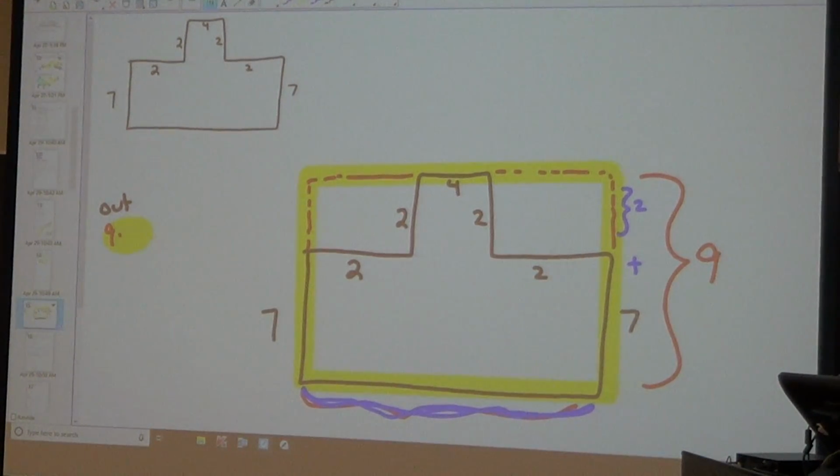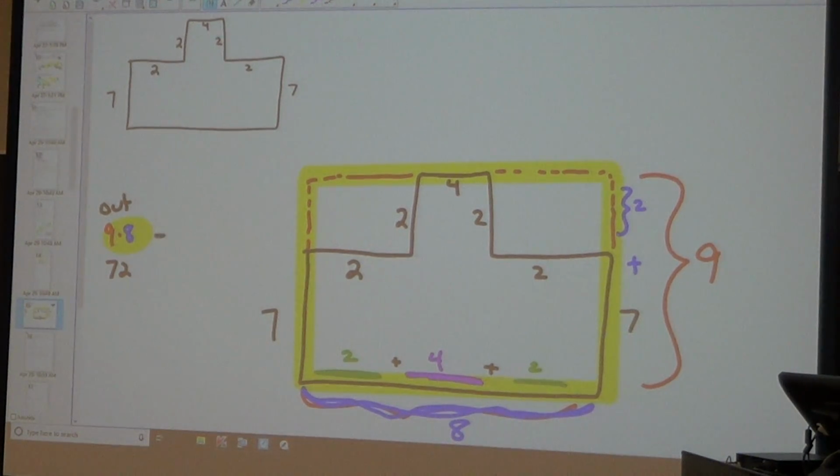So if I add all of those together, this side is an 8. So the outside shape is 9 times 8, which is 72.